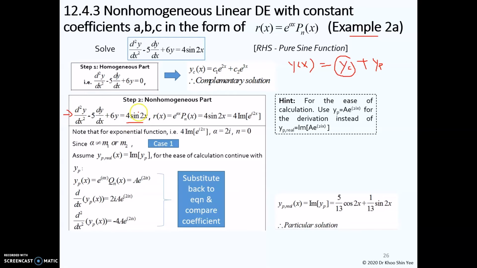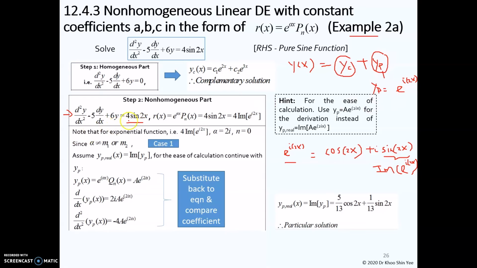By referring to the right hand side, you know that 4 sine 2x can be linked to the exponential by using the Euler Formula. And you can see that the sine term here is located at the imaginary part of the exponential i2x. Therefore, we can propose the particular solution here to be equal to the exponential i2x.